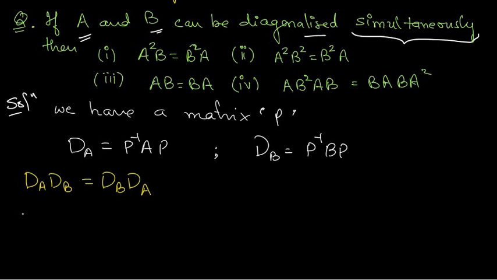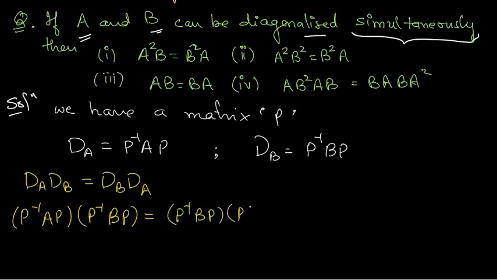So let's put it as it is. P inverse AP times P inverse BP is equal to P inverse BP times P inverse AP. You know the order of the matrices is very important.